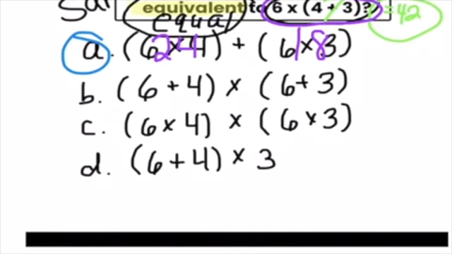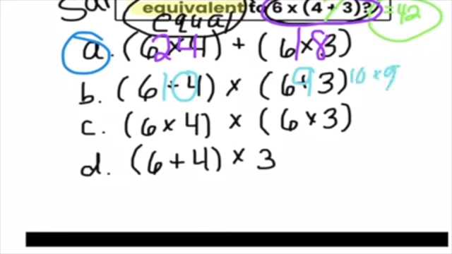Let's see if there are any other ones that make sense. Let's look at B. 6 plus 4 times 6 plus 3. 6 plus 4 is 10, times, and then we have to figure out 6 plus 3, which is 9. So that's like saying 10 times 9.